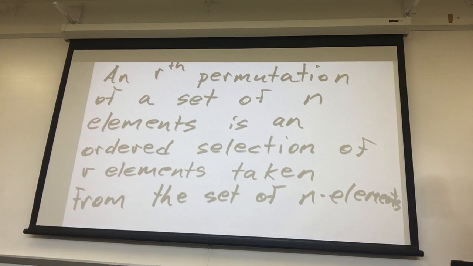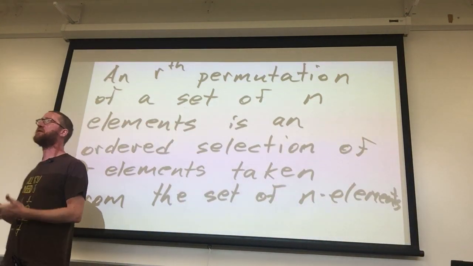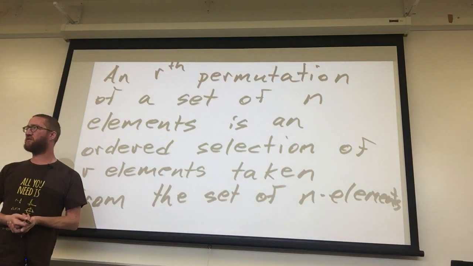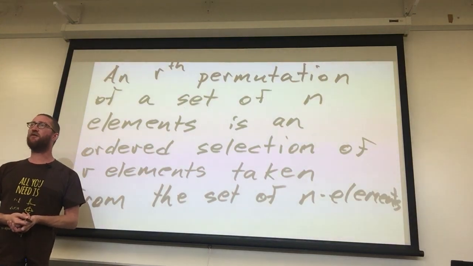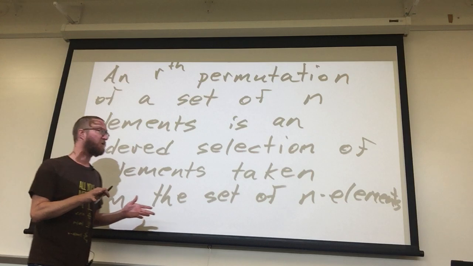As an example of cards in a deck, what would n be? It would be 52 elements. There's 52 cards in the deck, okay? A dealer is going to deal you 5 cards. What is R? R is 5, okay?